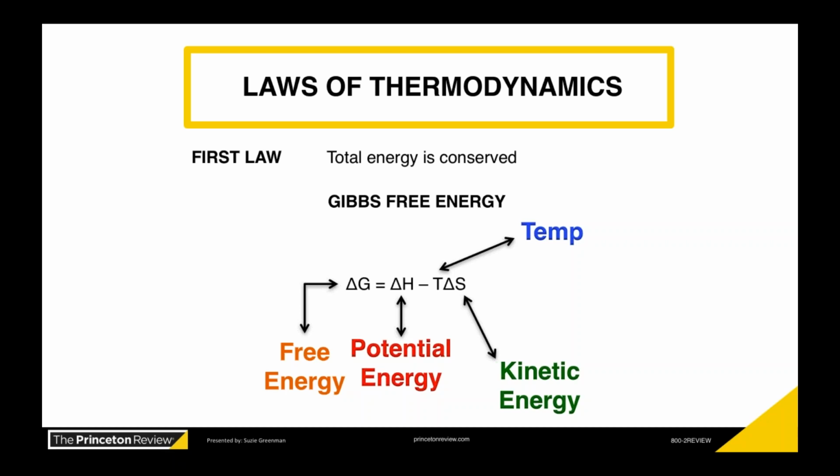And in order for that to occur, my kinetic energy has to be greater than my potential energy. So my temperature and my entropy have to be greater than my enthalpy in order for my delta G, my Gibbs free energy, to be spontaneous, and my A plus B to create C without having to add any additional energy.